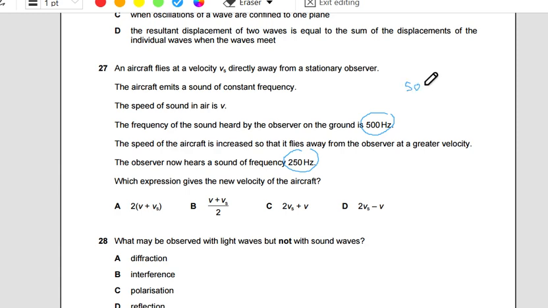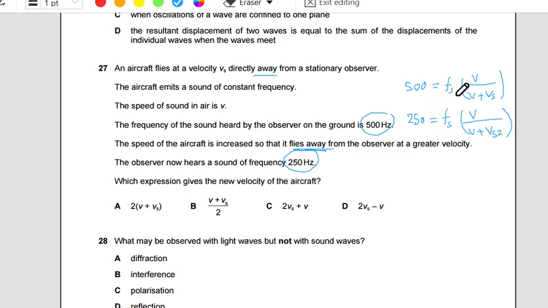First time it is 500 equals Fs V over V minus, V positive, because it moves away, V positive Vs. For the second time, it is 250 equals Fs V over V plus again, because it continues to move away from the observer, plus Vs, but this time it will be Vs2 because it changed.